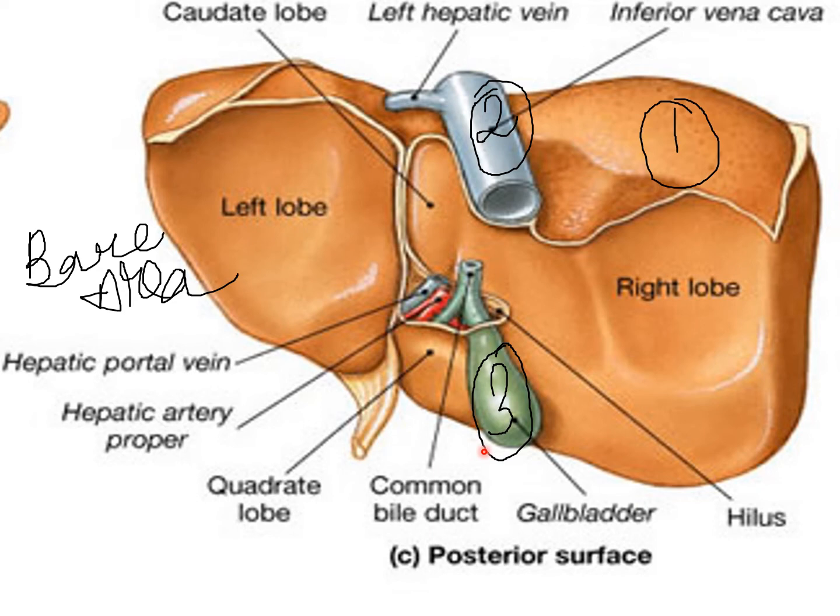Now, the lesser omentum is also considered as a bare area, right? Previously, the fissure for ligamentum venosum was also considered a bare area, but nowadays it's not taken into consideration, because some amount of peritoneal covering is still there. But the lesser omentum has to be taken into consideration when you are talking about the bare area.